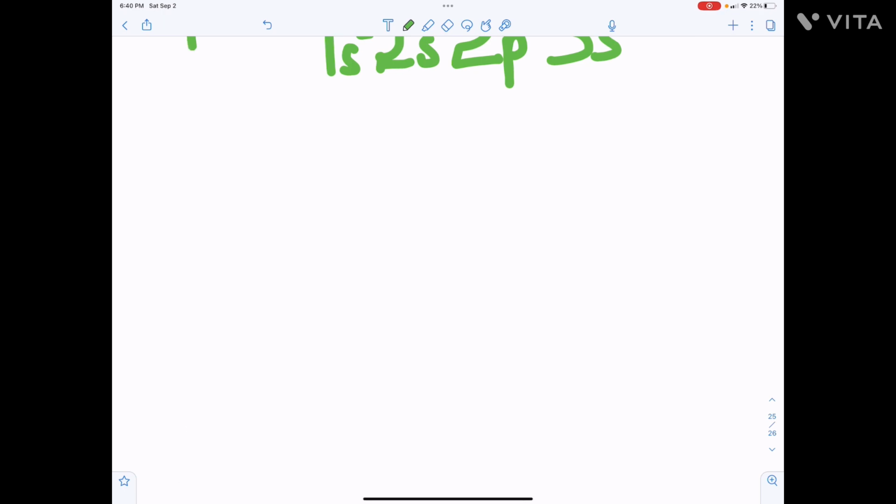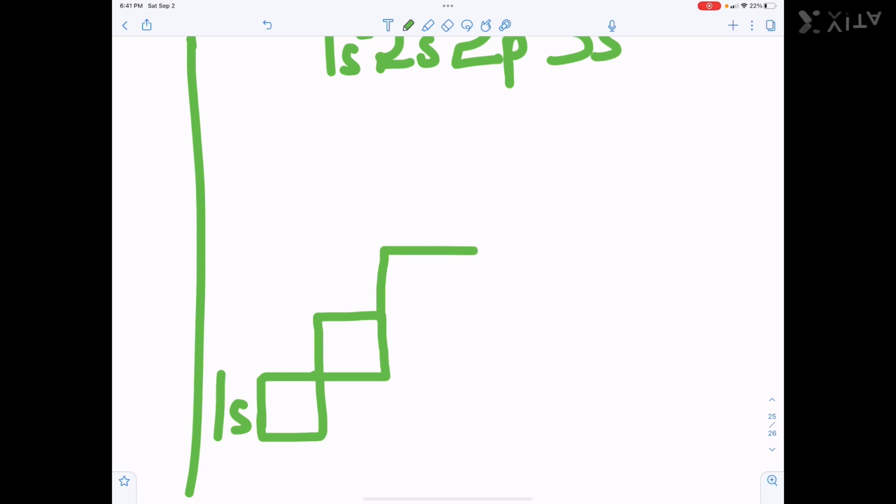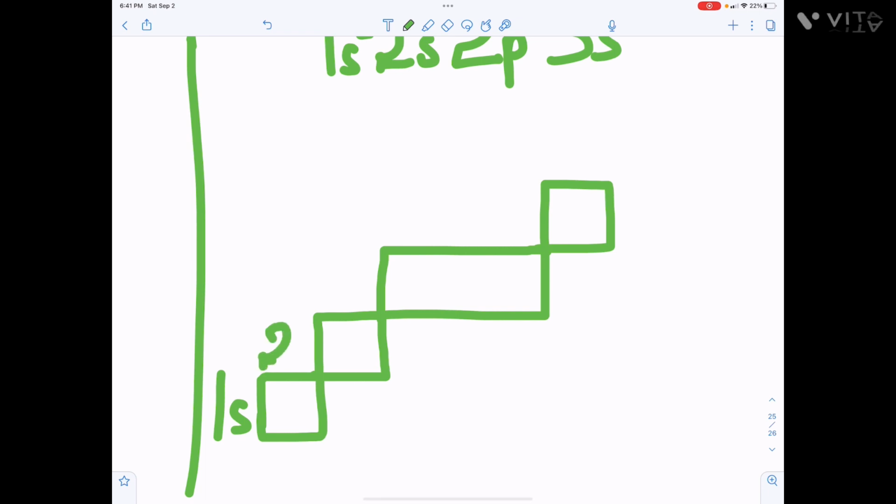So the picture looks like this: 1s, 2s, then what, 2p, then what, 3s. So 1s, 2s, 2p subshell, then the 3s subshell.